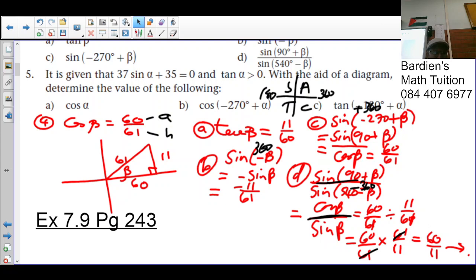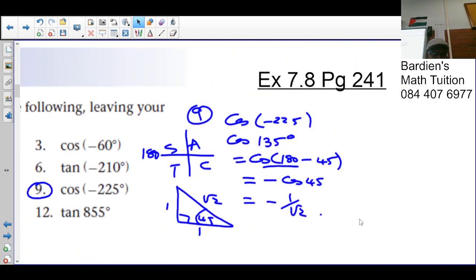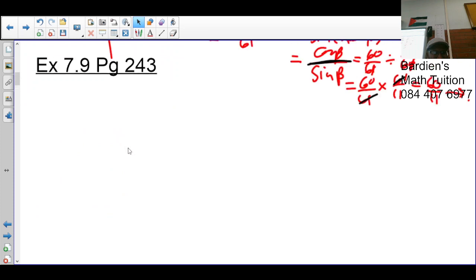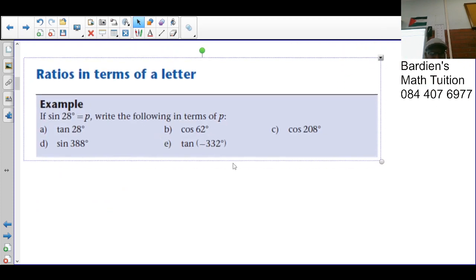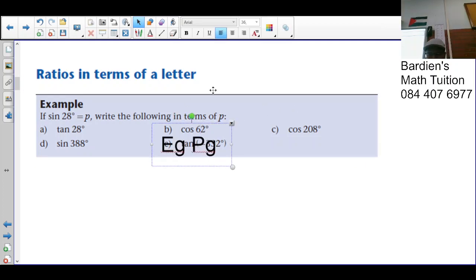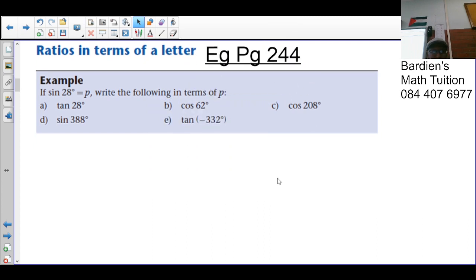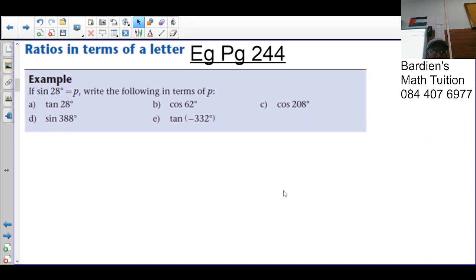We're on page 244. Right, your subheading is ratios in terms of a letter. You write the example down.